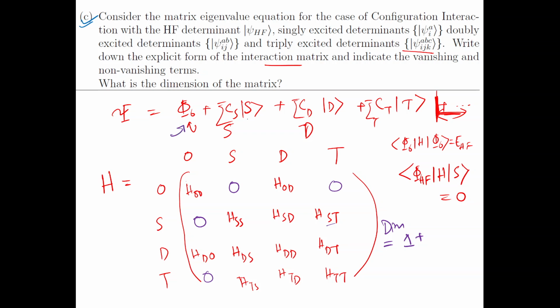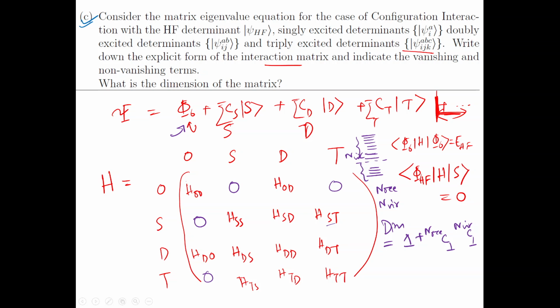And how many single determinants can you form? Let's say you have n occupied and n virtual spin orbitals, right?